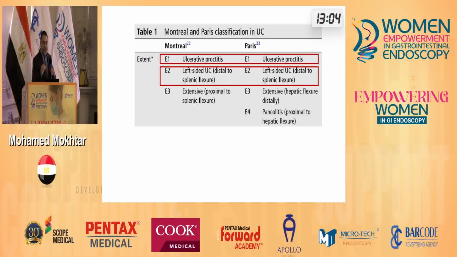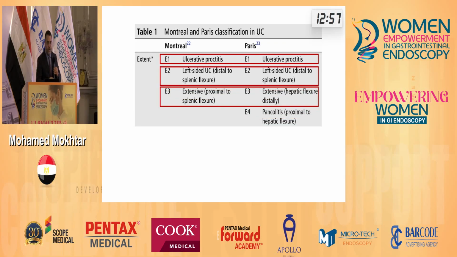E2 means a left-sided lesion limited to the splenic flexure. E3 in the Montreal classification is any lesion extending beyond the splenic flexure. But in the Paris classification, E3 extends from the splenic flexure to the hepatic flexure, and E4 is any lesion extending beyond the hepatic flexure.